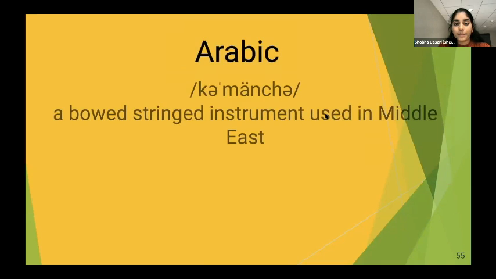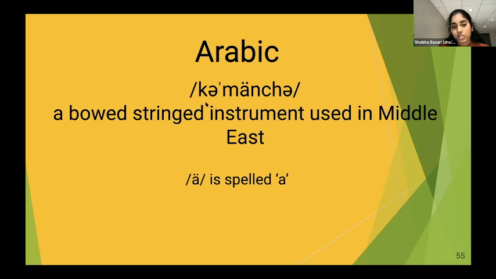And so let's try one example here. This is Kamancha, and it's a bowed string instrument used in the Middle East. Okay, so this one, the main language pattern, again, is very phonetic. The A is spelled with an A instead of an O or something like that.